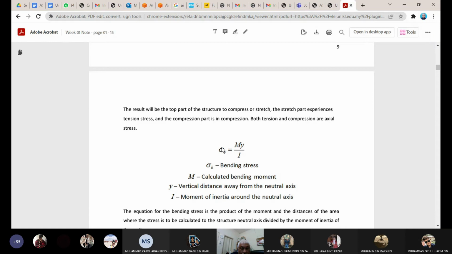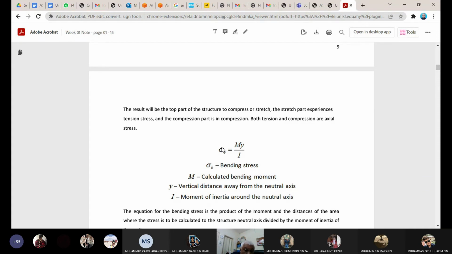However, the equation is the moment, where the load is applied, times the distance from the surface to the neutral axis, then you divide by I, which is the moment of inertia. That is the equation for bending stress. Okay, any questions so far?